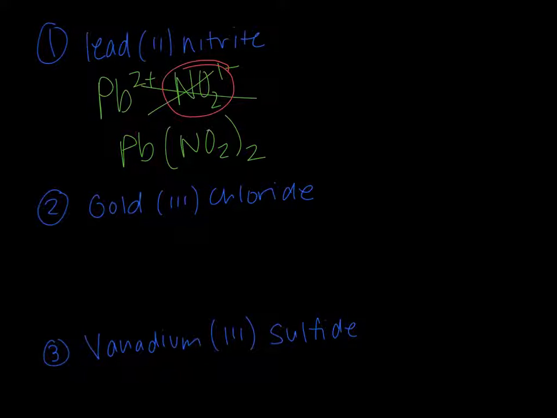We need 2 of the whole thing. All right, and then next we have gold 3 chloride, and so gold 3 is Au3 plus, and then chloride is Cl minus, right? So we're going to crisscross these charges down, and when I do that, I get AuCl3.